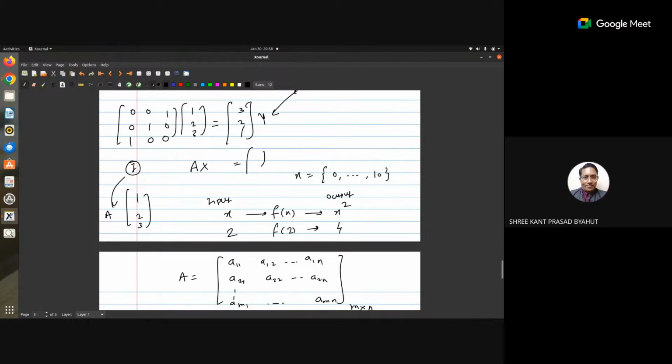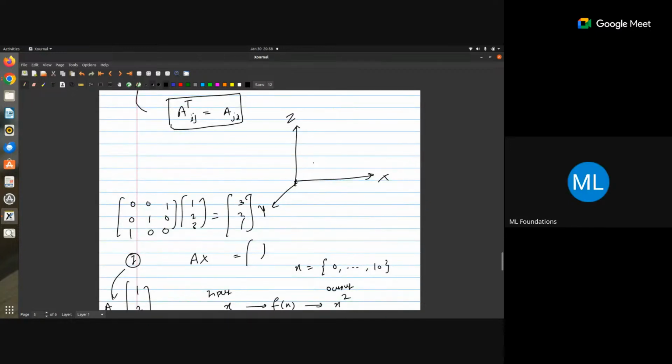Something else. If you try to see this, where is 1 2 3? Let's say here is 1, here is 2, somewhere here. Maybe this is the vector 1 2 3. And now, where is 3 2 1?